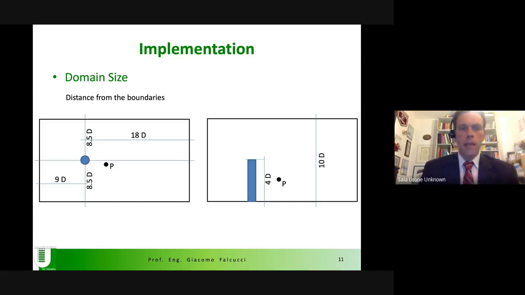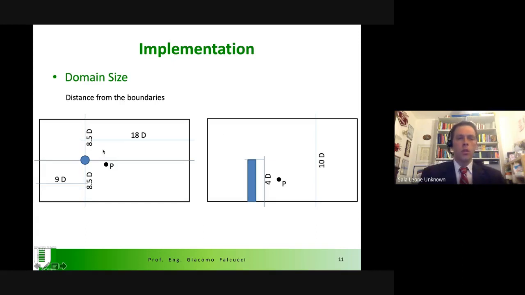Now, the domain size. At a Reynolds number in the order of 2000, we have to deal with the boundaries, of course, and we know that at those regimes the boundaries can create great problems for the reliability of the simulations. We have done many tests with simpler geometries, basically the cylinder, in order to create a domain in which we were pretty sure of the non-interaction of the boundaries with the results.